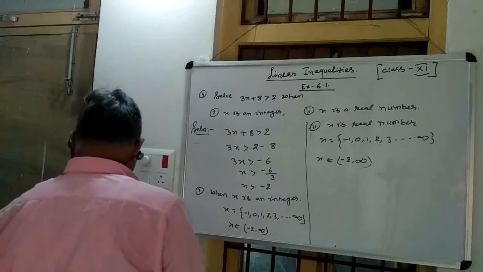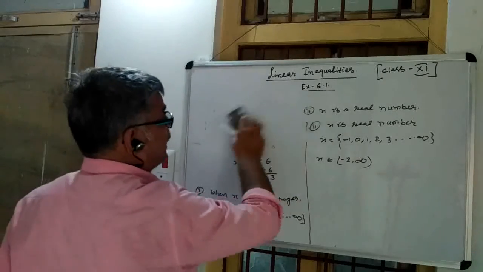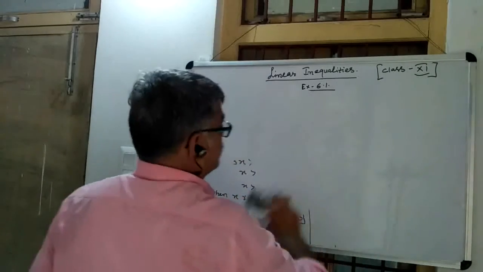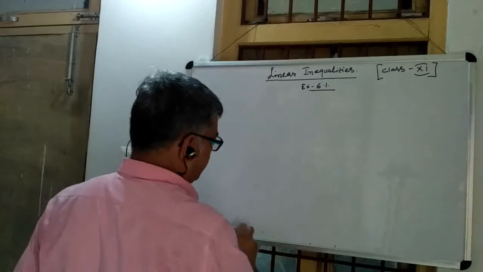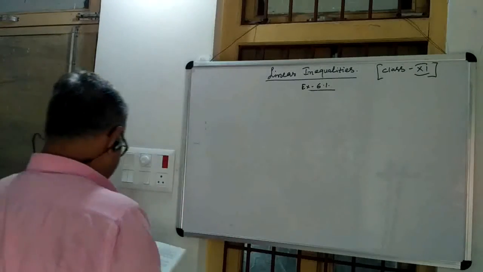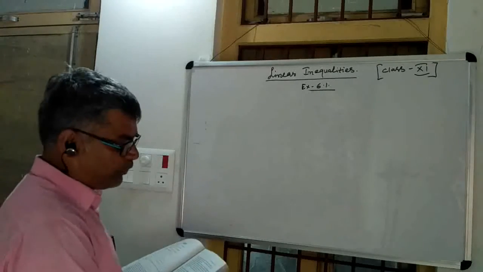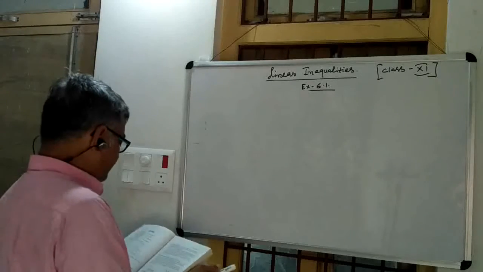Now let's take another question in which both sides have variables. Let's see. Solve the inequalities in exercises 5 to 16 for real x, that is, x is real.